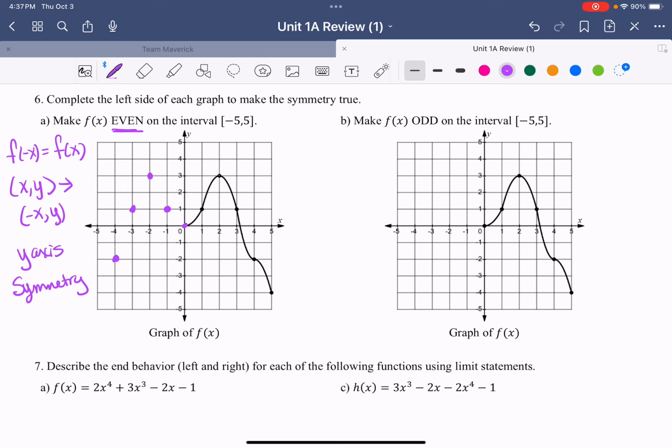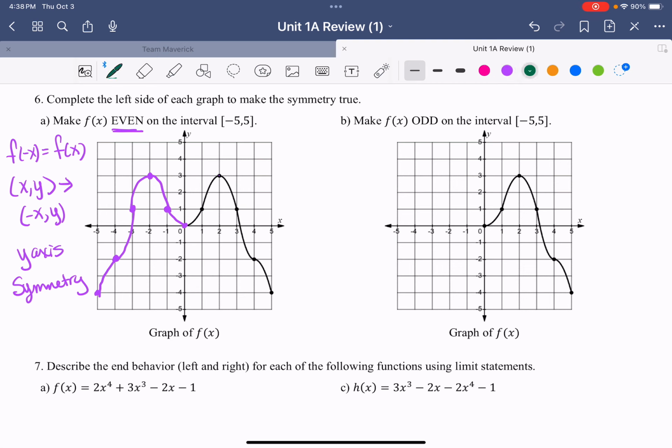And then 5, negative 4 would be at negative 5, negative 4. Okay, so I got all those points on there. And remember that this is not an art class, but we want to attempt to draw something semi-decent looking. Okay, and then something kind of like that. That's good enough. It's terrible, but it's good enough.